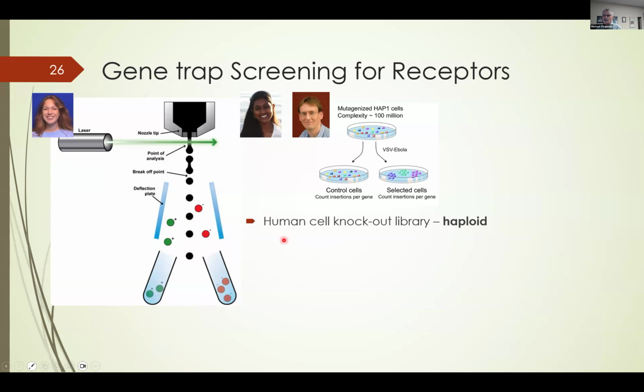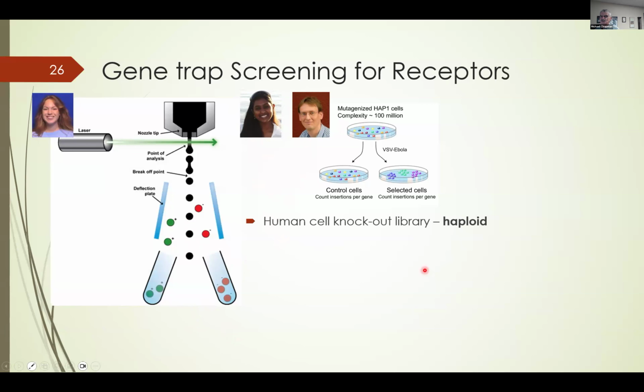Now, Jan Karet's lab had a genome-wide library of mutants. And so they were able to run several rounds of selection, enriching for human cells that were able to avoid infection by AAV.